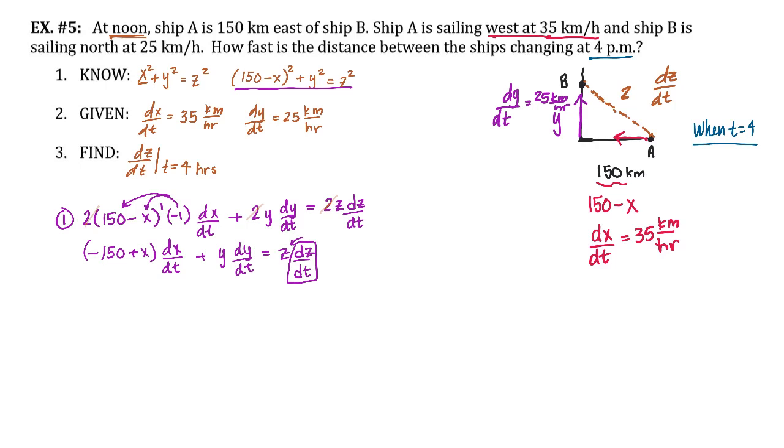For our x value, if we take 4 and multiply it by 35, that gives us 140. But keep in mind we started 150 east, so this side is really going to be 10 kilometers. For the other side, we say 4 times 25, which gives us 100 kilometers.